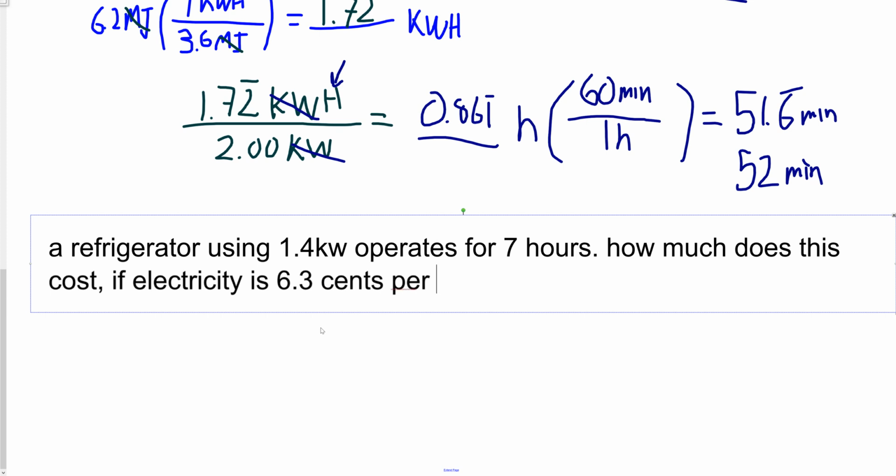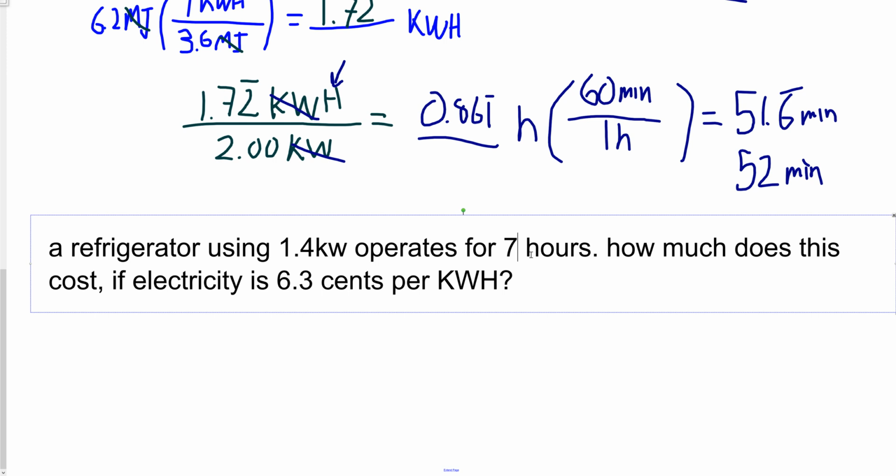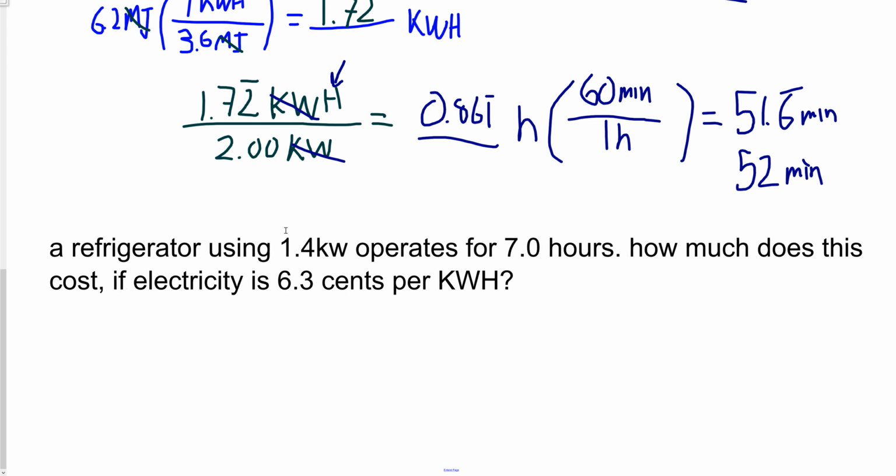So a fridge is consuming 1.4 kilowatts of power. It's operating for 7 hours. I made these in kilowatt and hours just because we don't want to do a whole bunch of extra math. We just want to go straight ahead. How much does this cost if electricity is 6.3 cents per kilowatt hour?